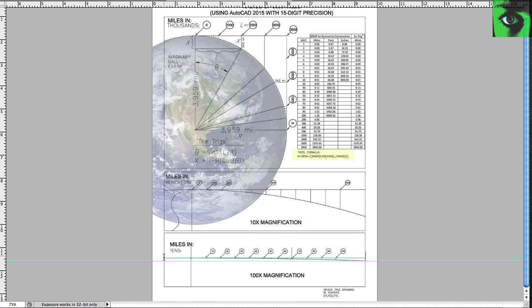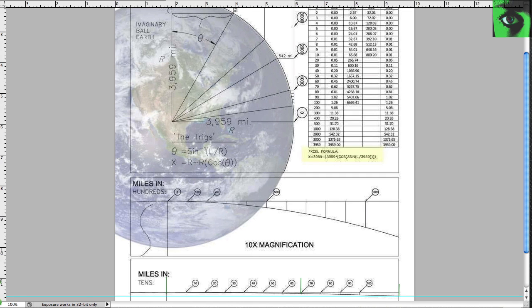We have this by M. Kanki. I'm sorry, I wish I knew your name so I could pronounce it right. He created this with precise measurements from AutoCAD, to see what the drop in curve would be.